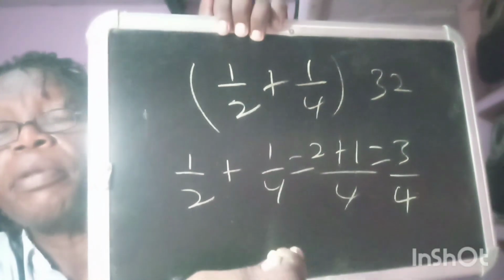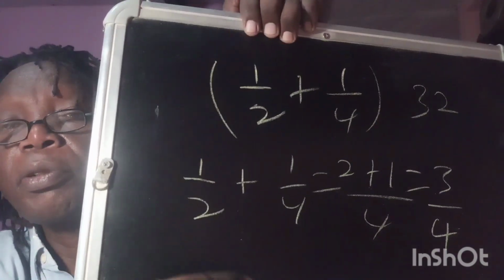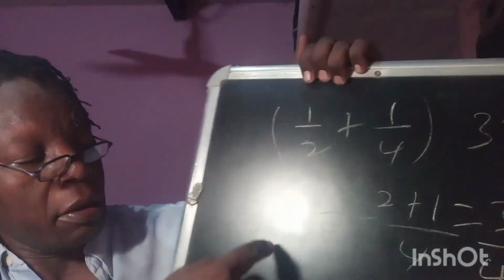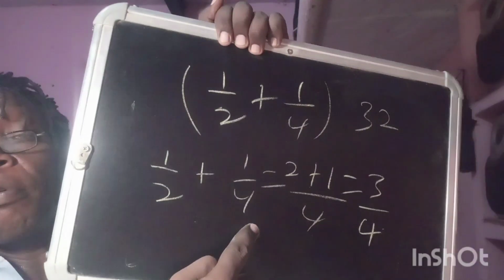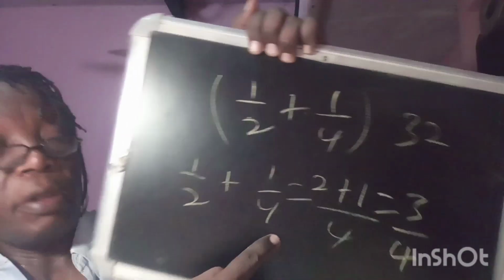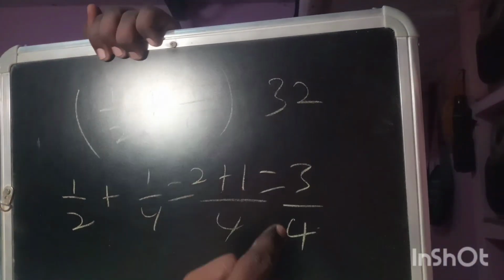My writing is not so good. Actually, I have to do this because I'm using this board, it's not hanging on the wall, so I have to write and show you. So this I have, plus 1/4, right? It will give you the result, which is 3/4 over here. You see, I've done this.